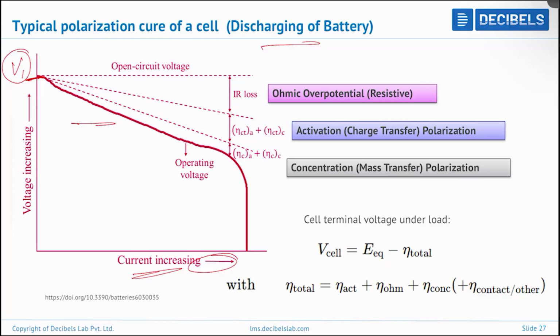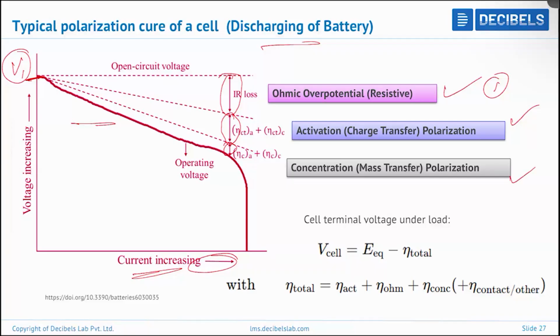It is due to the sum of the IR loss, that is called the ohmic overpotential, the first one. Some of the voltage is also utilized for the charge transfer, meaning the electron transfer between the electrode and electrolyte, and some extra voltage is consumed for mass transfer, meaning lithium ion movement from the anode to cathode in the electrolyte. So I'm going to discuss these two, the activation polarization and the concentration polarization.